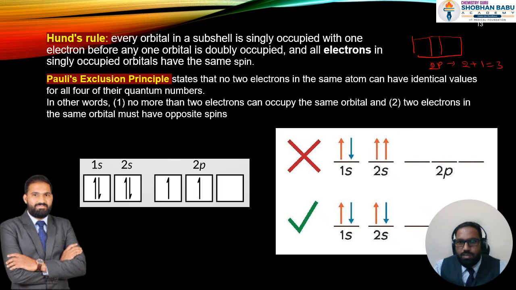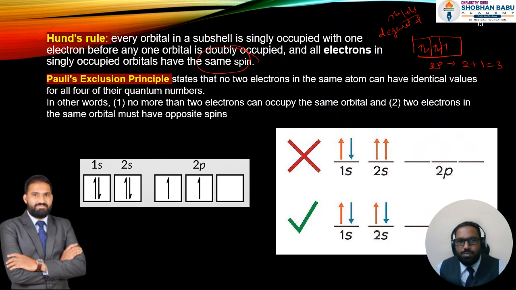That's why these types of orbitals are called degenerate orbitals. Degenerate orbitals are supposed to get equal priority. It means you first fill one electron in each suborbital, then pair up the remaining electrons. That is Hund's rule, with the same spin.